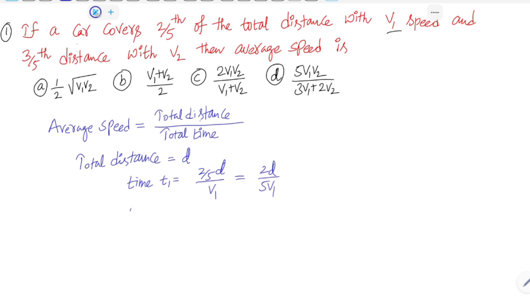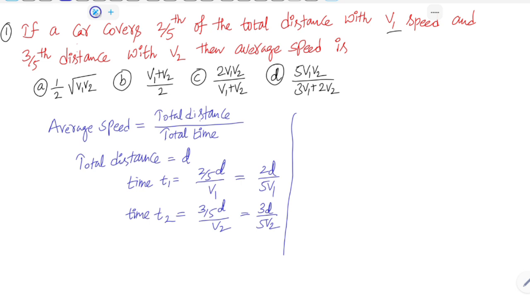Similarly, because I divided the total time into two parts, now time t2 is equal to 3/5 of d, so 3 by 5 into d by v2. Now it is equal to 3d by 5v2. Okay.